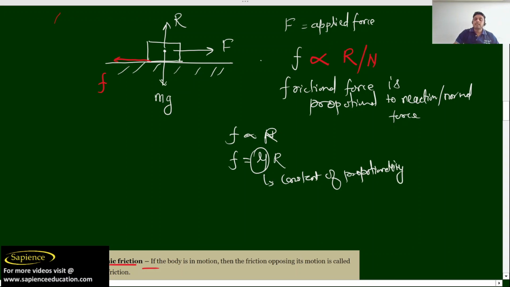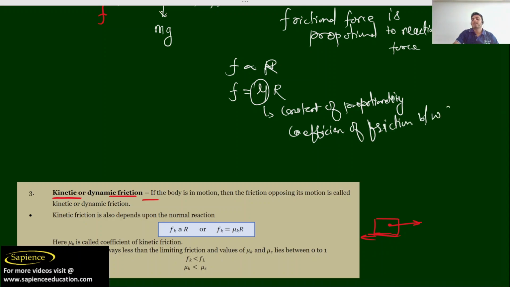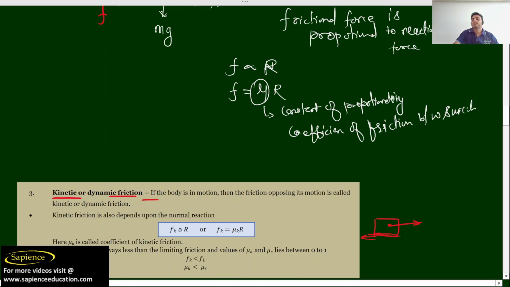This is called the coefficient of friction between the surfaces. Understood? I hope you have understood.